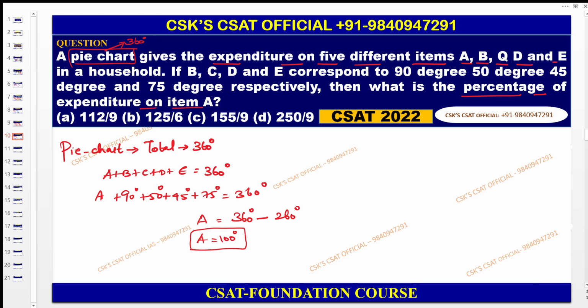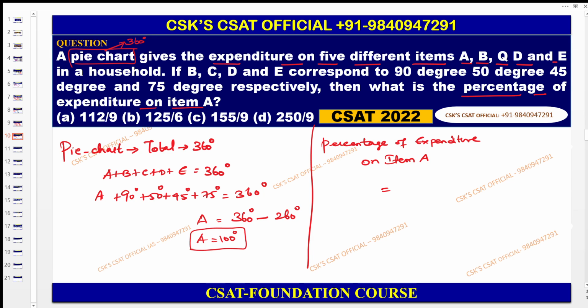We need to find, so here they are asking you to find the percentage of expenditure on item A. Whereas with respect to 2020, I think, they're asking you to find out the degree for certain items. So that also we'll see here. Here now we need to find the percentage of expenditure on item A.